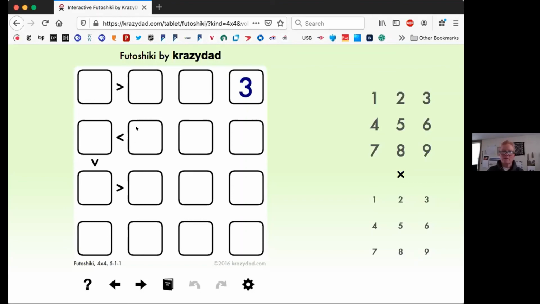So, any idea what I should put here? That one can't be a 1. Oh, where did you go? Correct. In fact, I think that was Dwayne. Let's shift to this column. Where can I put the 1?